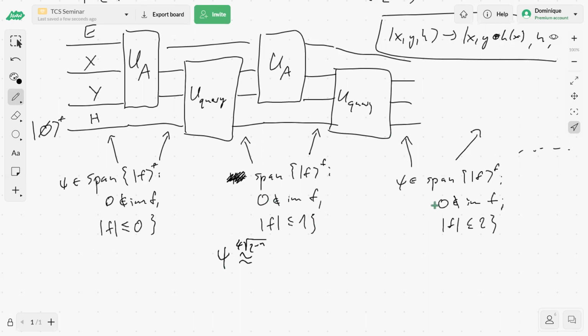And then on the second query, we know that if this invariant holds before, then it holds afterwards with an error. If it holds before with an error, then it holds afterwards with the sum of the errors. So now we have psi is 2 times 4 square root of 2 to the minus n close to this thing. Where close always means in terms of the norm. So the norm of psi minus some state in this invariant is bounded by this.